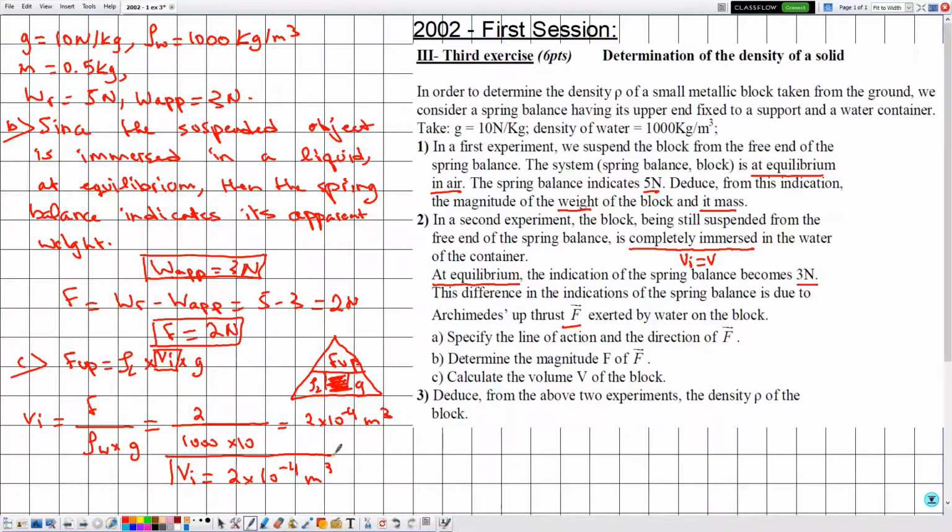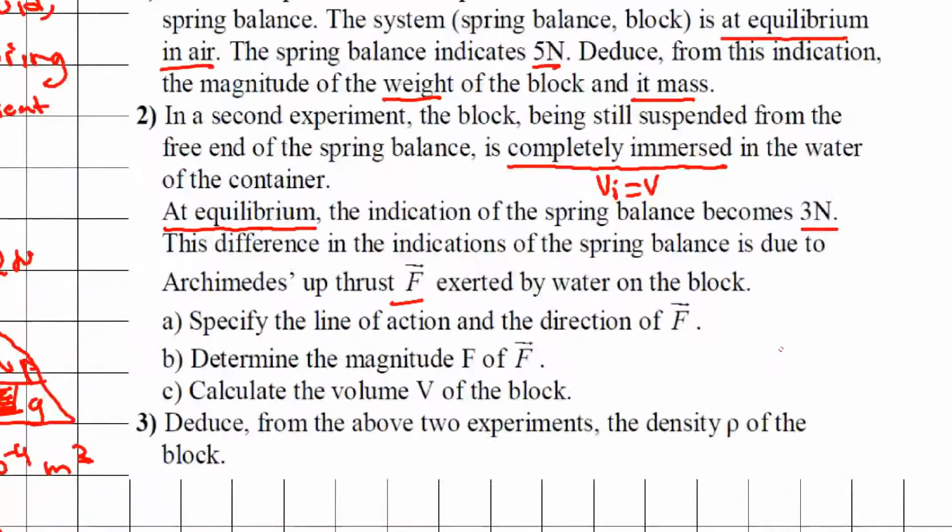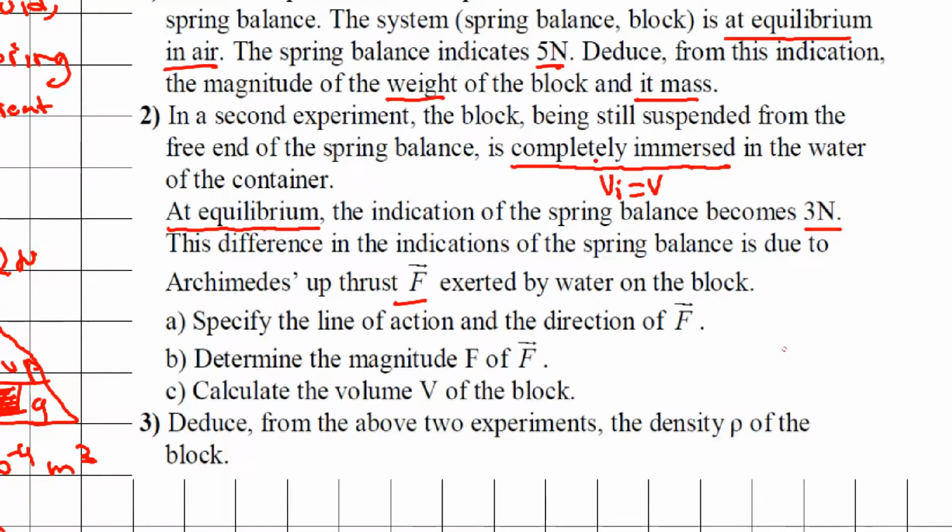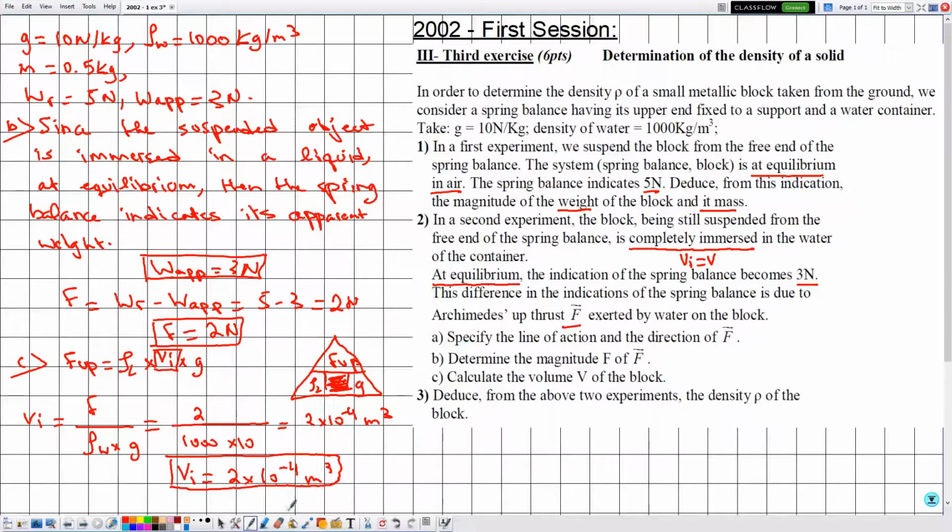But notice that the required volume is the total volume V of the block. So it's left to say that since this metallic block is completely immersed in liquid, in water, then VI is equal to V. And let me write this important statement here.